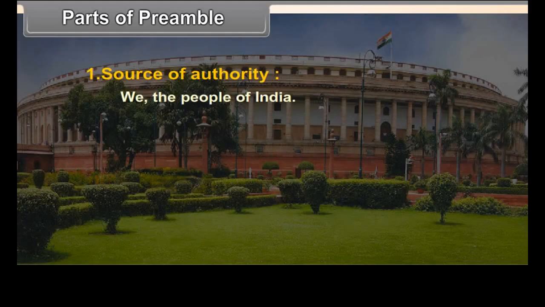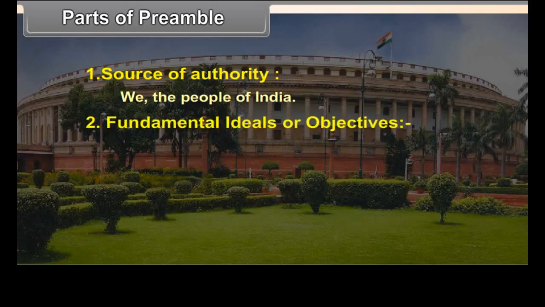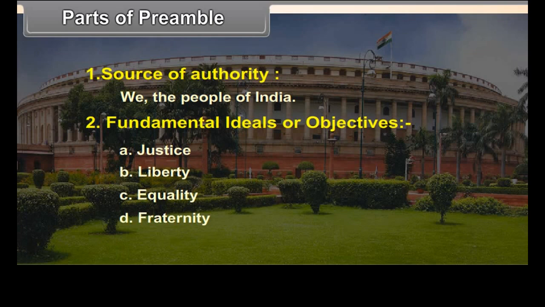Parts of the preamble. First, source of authority: We the people of India. Second, fundamental ideals or objectives: A. Justice, B. Liberty, C. Equality, D. Fraternity, E. Unity and integrity of the nation.